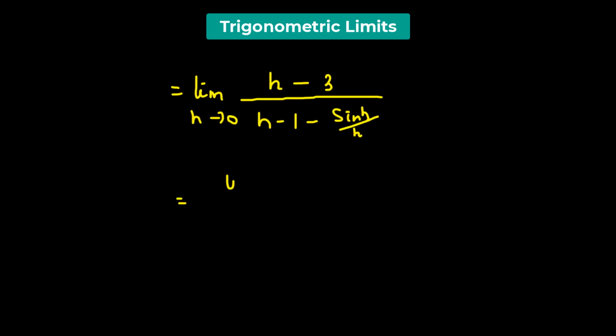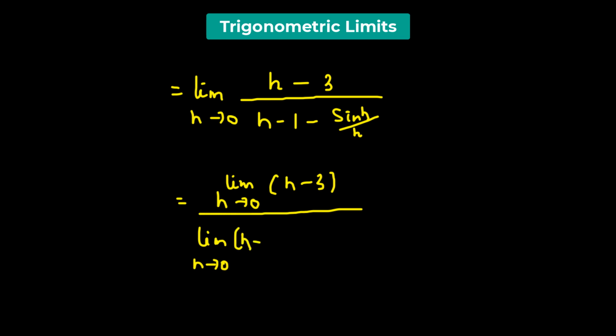So we have limit h approaching 0 of h minus 3 divided by limit h approaching 0 of h minus 1, minus the limit h approaching 0 of sine h over h.